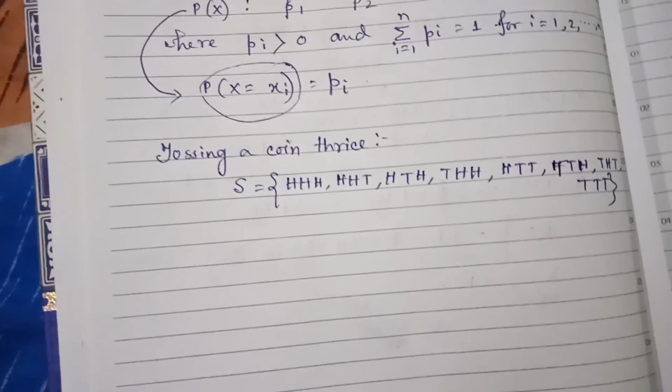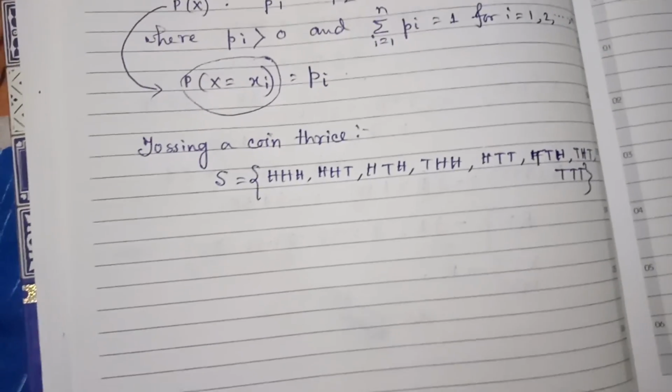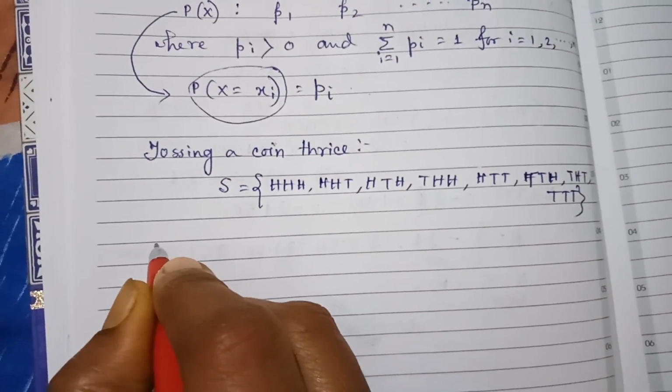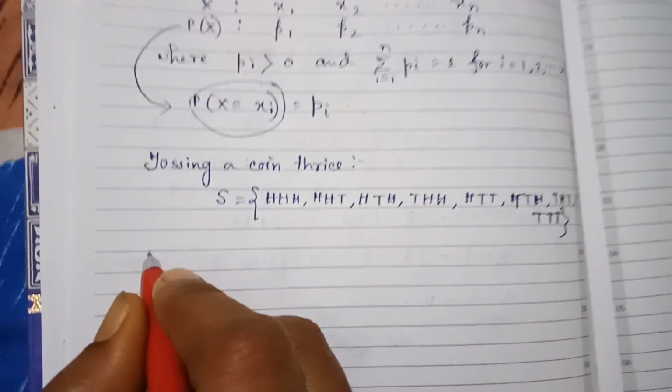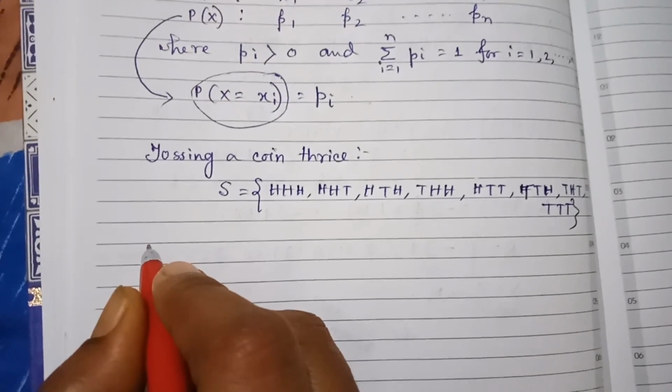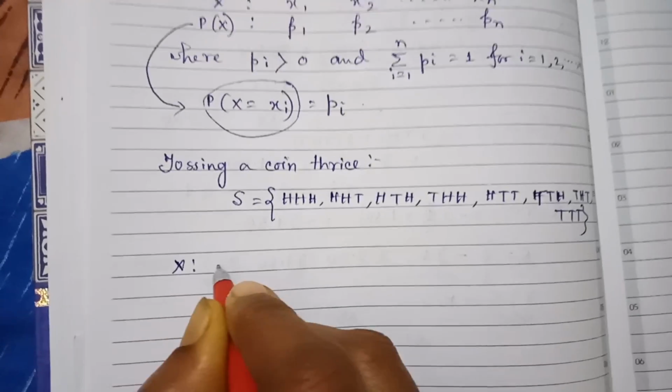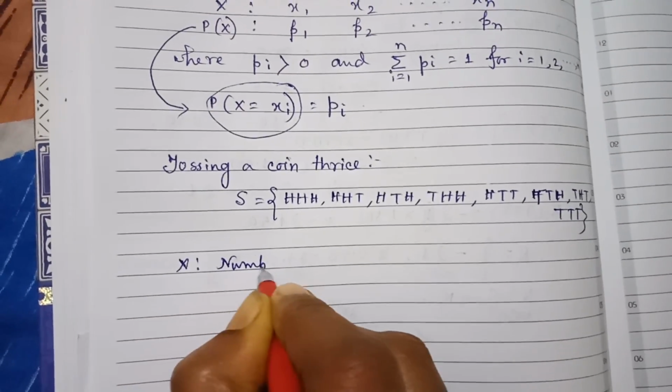Now suppose X is the number of heads. You have done this particular random variable calculation in the previous session, that's why I have chosen the same one. So X is the number of heads.